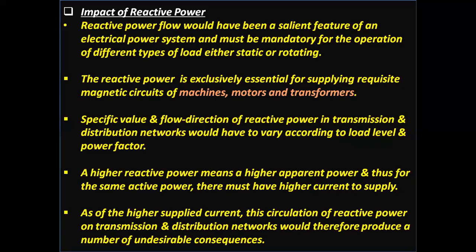A higher reactive power means a higher apparent power, and thus for the same active power, there must be a higher current to supply. As a result of the higher supplied current, this circulation of reactive power on transmission and distribution networks would produce a number of undesirable consequences.